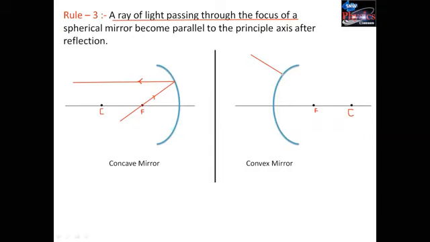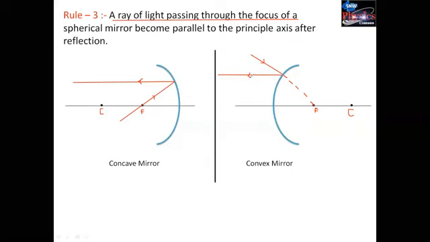Okay, then after reflection it goes parallel to the principal axis. Okay, here is the path. Ray of light is falling on the principal focus. After reflection it goes parallel to the principal axis.